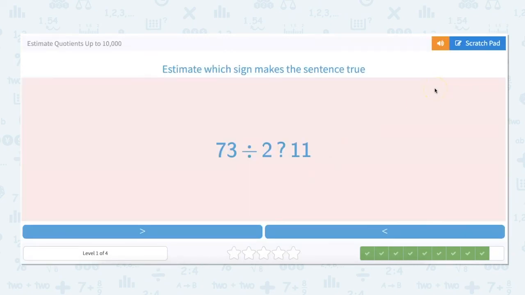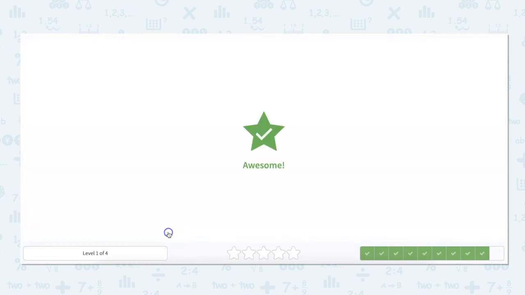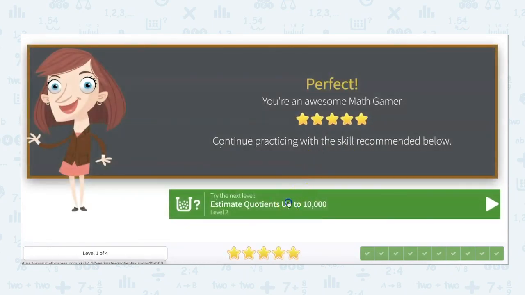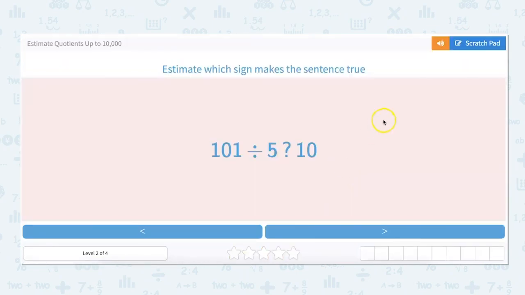73 divided by 2 is greater than or less than 11. So knowing that 73 will round down to 70, and 70 cut in half is in its 30s, 35 to be exact, I know that it's greater than 11. All right, let's try a couple harder ones. Ooh, tricky.